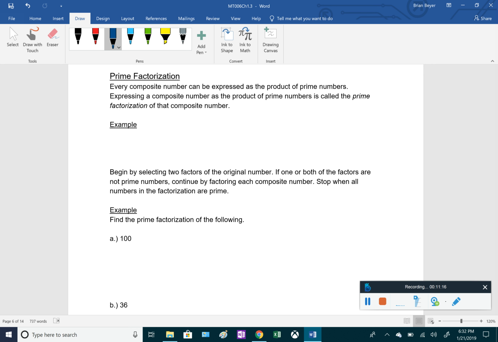So for example, let's say we have the number 45. 45 is actually the same as 3 times 3 times 5. And since 3, 3, and 5 are all prime numbers, this is the prime factorization of 45.